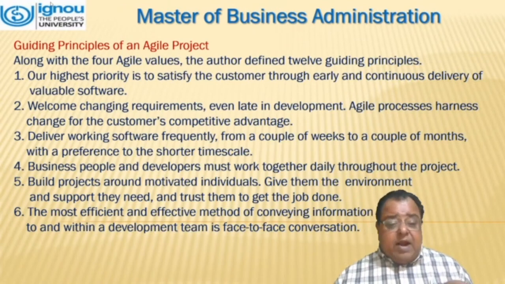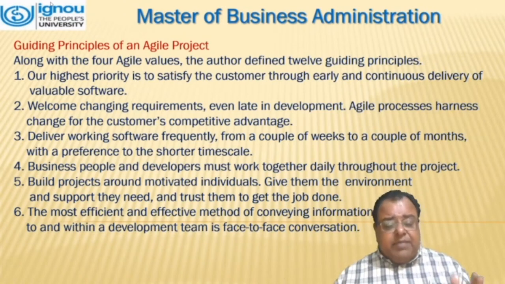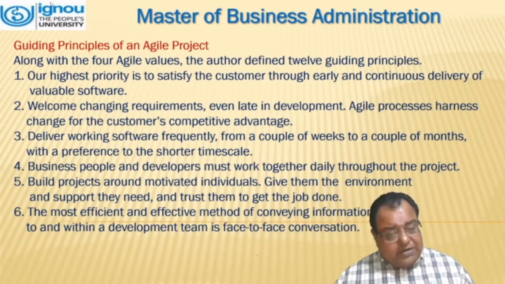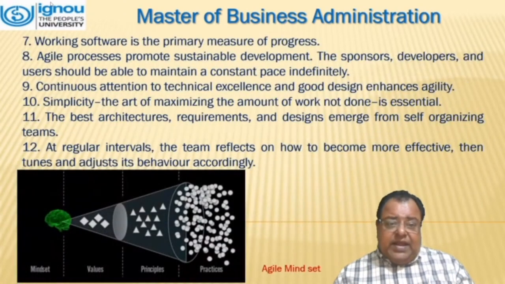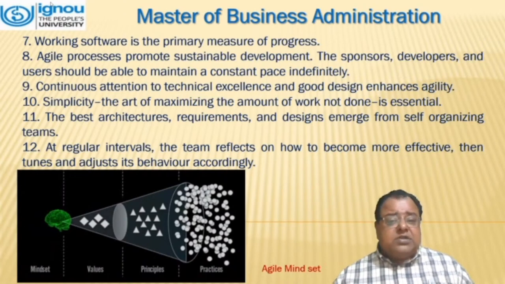Build projects around motivated individuals, give them the environment and support they need, and trust them to get the job done. The most efficient and effective method of conveying information to and within a development team is face-to-face conversation. Working software is the primary measure of progress. Agile processes promote sustainable development. The sponsors, developers, and users should be able to maintain a constant pace indefinitely.